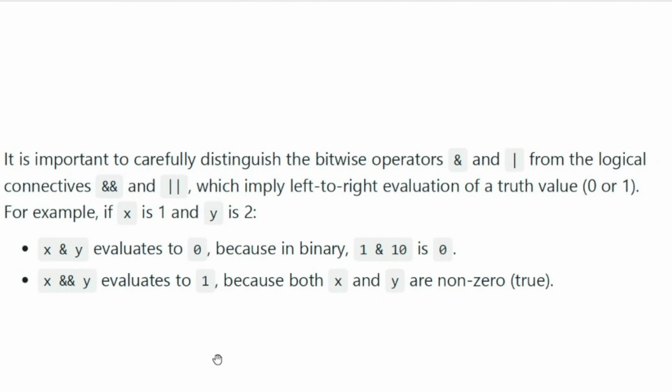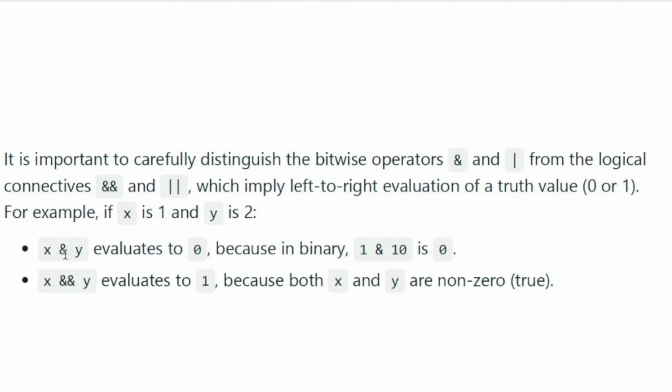So the single operator is called a bitwise operator, and the double operator is a logical operator. If we compare those two cases, first of all, x is 1, y is 2. Those are the initial values, both integers.